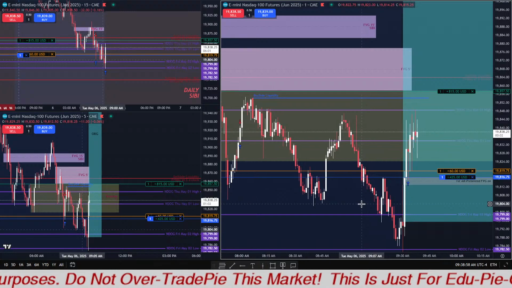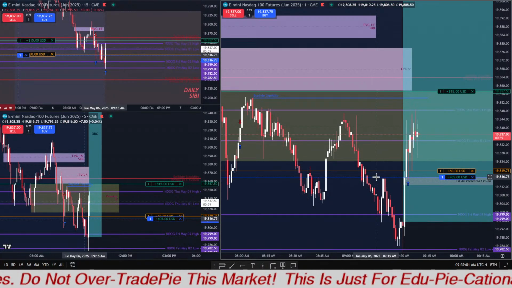Now we are trying to go above the midpoint of the breaker block.